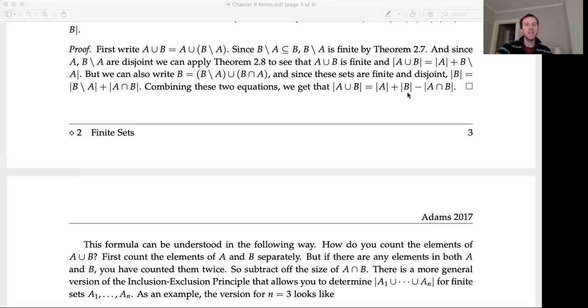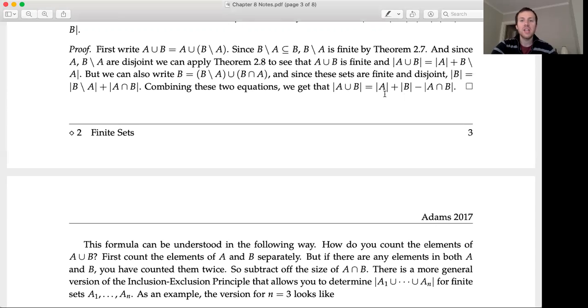But the problem is that if A and B aren't disjoint, if they have something in their intersection, the things that are in both A and B were counted twice. So however many things were counted twice, subtract that many. So those things are only counted once. And that's really where this formula comes from.